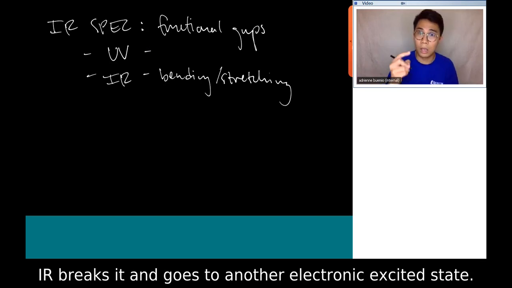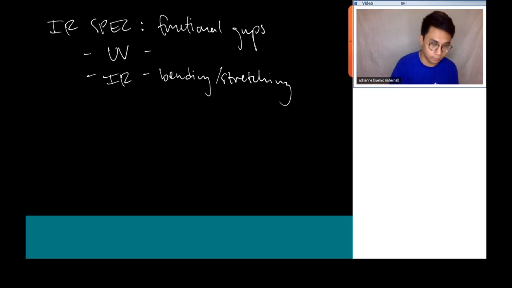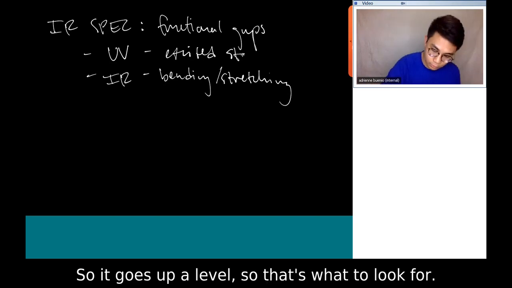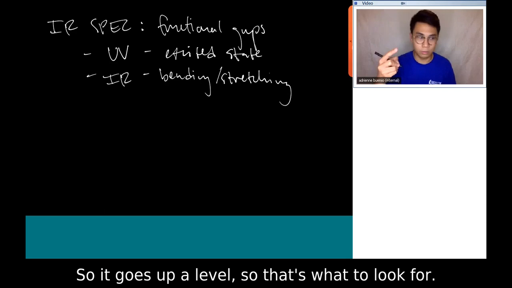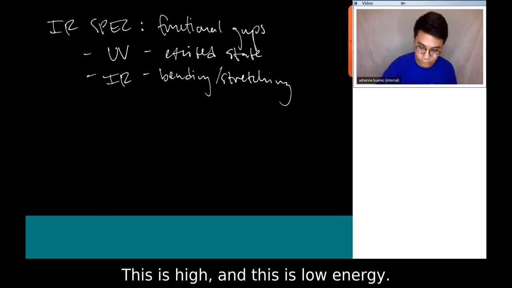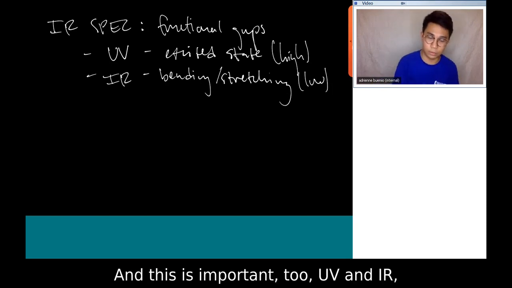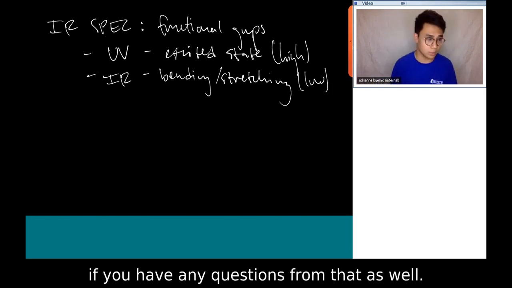IR breaks it and goes to another electronic excited state, right? So it goes up a level. So that's kind of what to look for. This is high and this is low energy, right? And this is important too, UV and IR. You'll get questions from that as well.